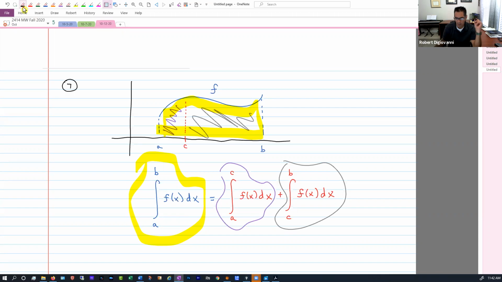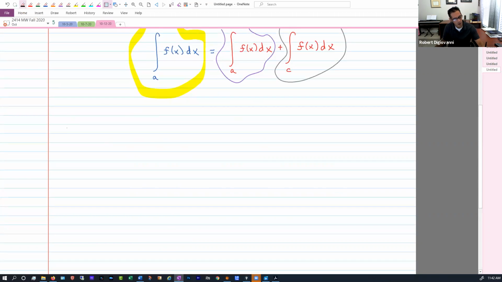All right, how about property 8? Property 8 is a strange one. If you have a function f that is even on the interval negative A, positive A, then something.